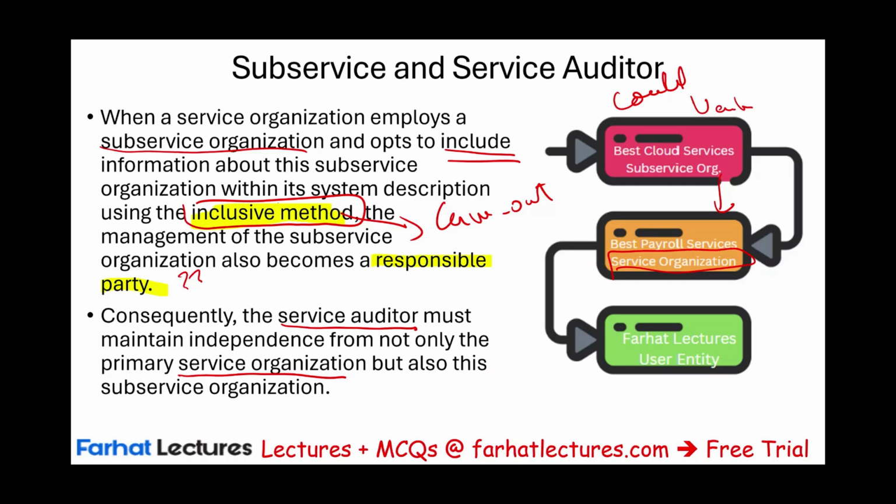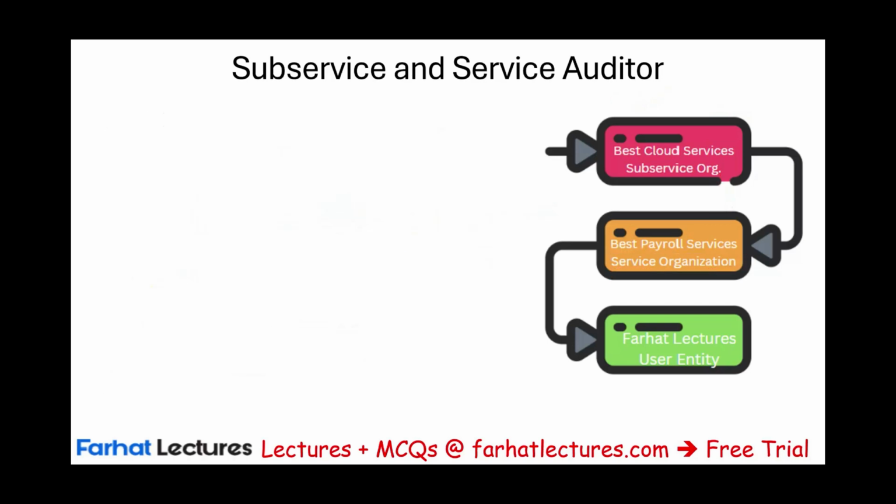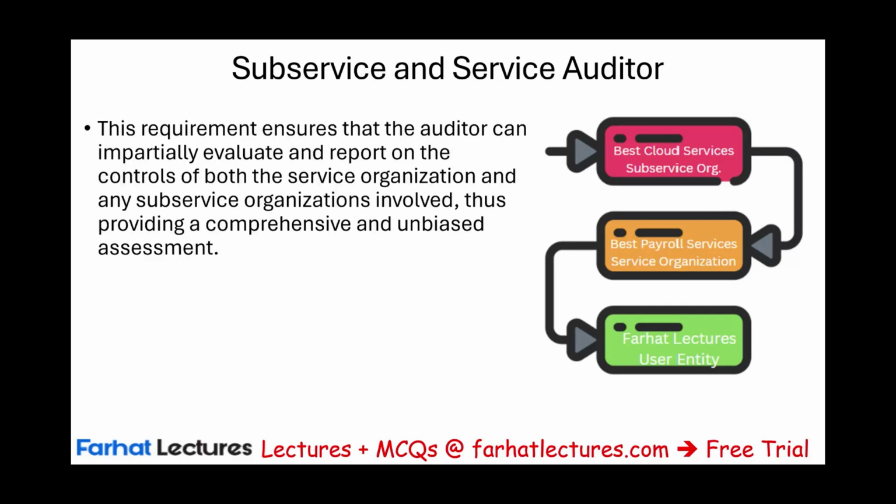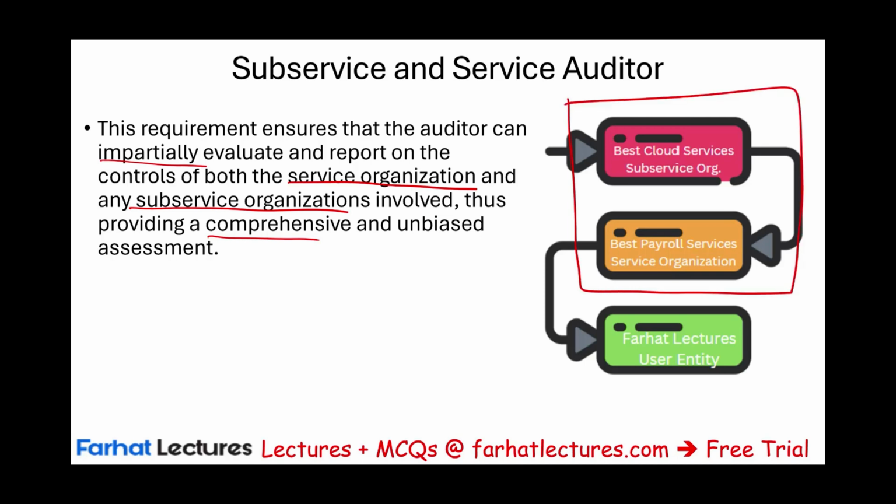That's okay. With the inclusive method, we have to be careful. This requirement ensures that the auditor can impartially evaluate and report on the controls of both the service and the subservice organization, thus providing a comprehensive and unbiased assessment. Because when it's the inclusive method, we are assuming both systems are working together. That's the implication of the inclusive method.